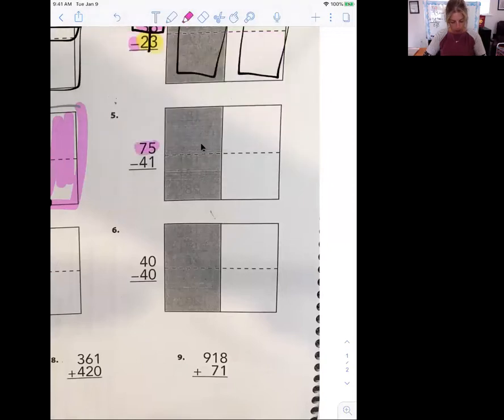We're only drawing this top number. So go ahead, pause your video and draw how many tens you have. You're going to draw cups, and then how many ones you have. You're going to make little circles for your ones. Come back when you're finished.